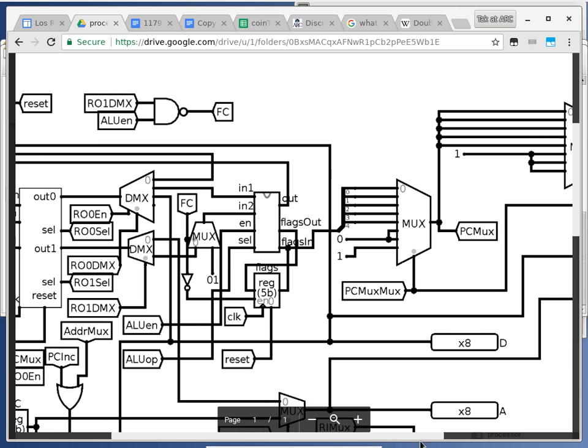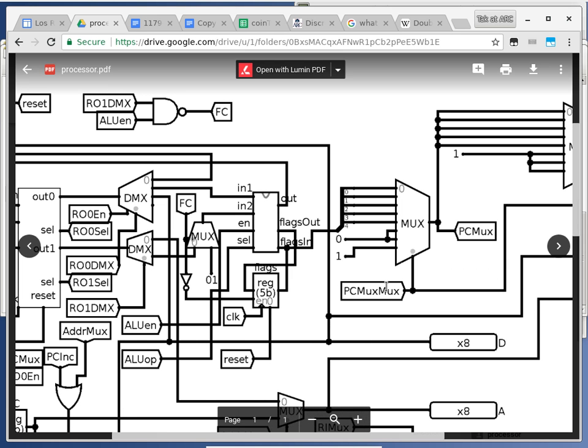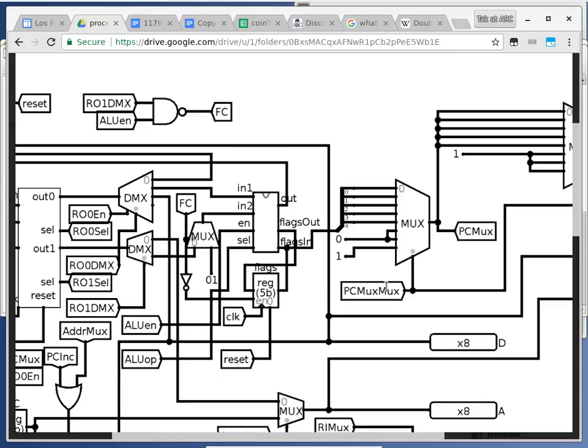We can see this is PCMux, and PCMux, as the name implies, goes into a multiplexer, like this one. When PCMux is a 7, which input am I connecting to the output? The inputs are labeled 0 up to 7.